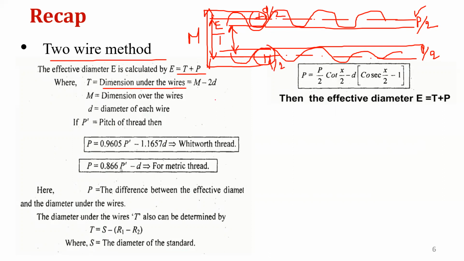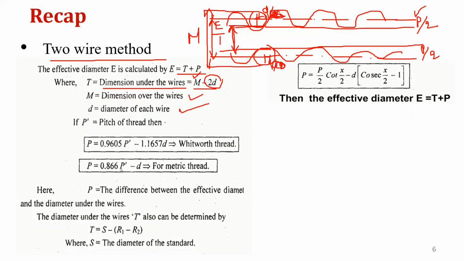Subtracting from capital M, it is not D by 2; it is D and D, that is 2D. So by subtracting 2 times the diameter from the measurement over the wires, we get the T value. M is the dimension over the wires, and D is the diameter of each wire.